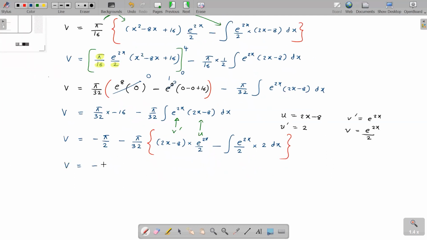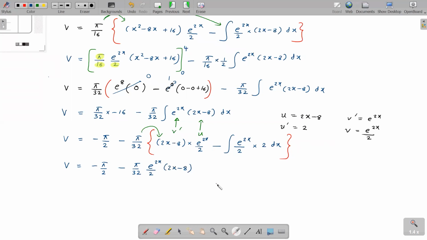Yes, so we get here minus pi over 2. Here we get minus pi over 32. Now this part we are done with the limit. So now again this part is out of the integral sign, right? So shall I input it with the minus pi over 32? Minus pi over 32 with this gives me minus pi over 32 times e to the power 2x over 2 into 2x minus 8.